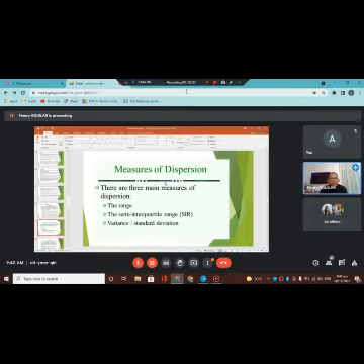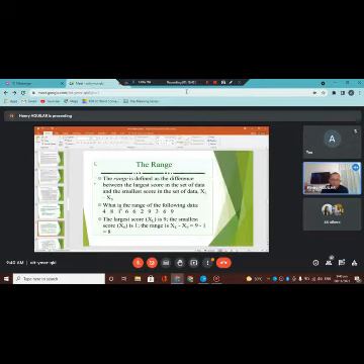There are three main measures of dispersion, and ang usable lang maayo is variance, standard deviation. Semi-interquartile range could also be utilized depending on what data you have. Okay, so that would be the three.